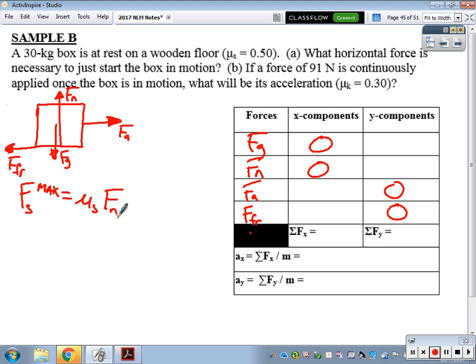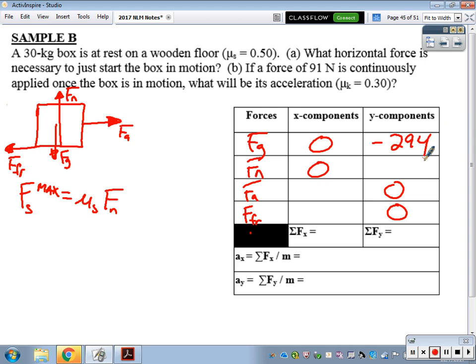The normal force. Okay, so we do know this is a 30 kilogram box. We can very quickly find its weight. Carly, what do we get for the weight of this box? Okay? And it would be negative again because it would be pointing down.